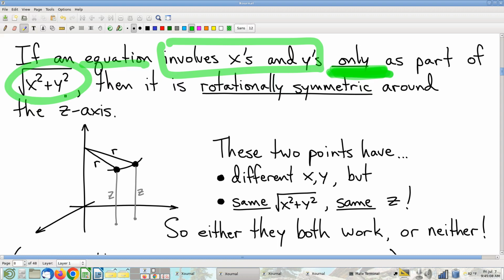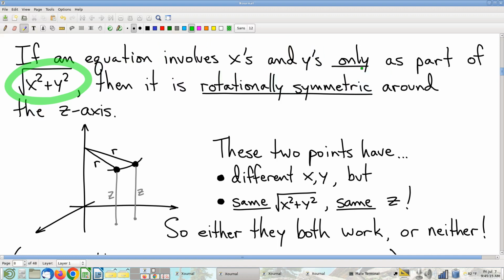And actually, you'd be surprised how often that comes up. It's kind of arbitrary seeming. What you will notice, though, is that is the distance from the z-axis. Kind of a quick observation there. Right?